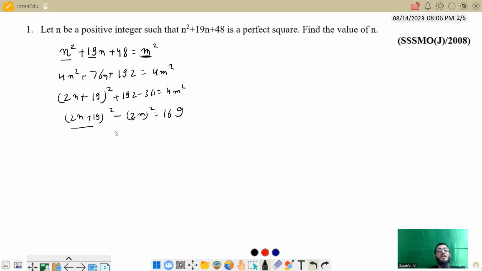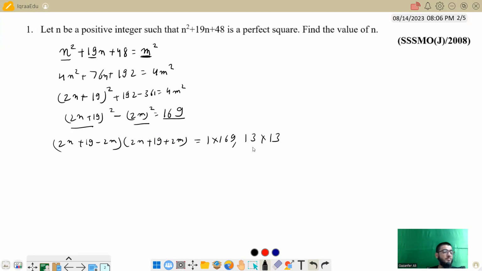So now this is a square minus b square. That was the idea. So now I can say 2n plus 19 minus 2m and 2n plus 19 plus 2m is equal to 169. 169 is a square of 13. So this can be written as 1 into 169, or this can be written as 13 multiplied by 13.